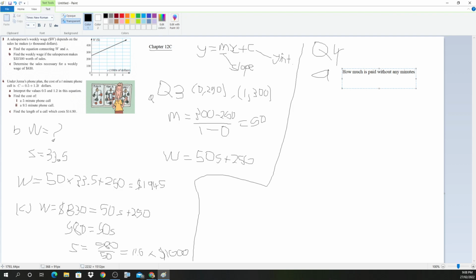Because this is an old style kind of question, because you don't really pay for minutes on phones. That's something we used to do about 20 years ago. But how much is paid without any minutes? So that's what we would call a flat fee. So that's part A, that's the 0.5.